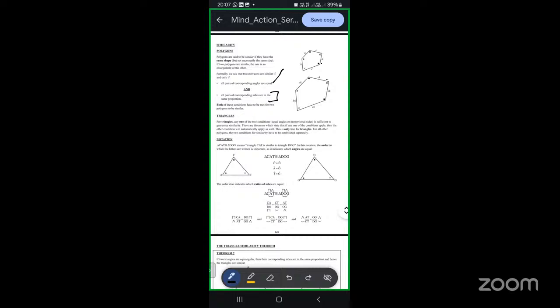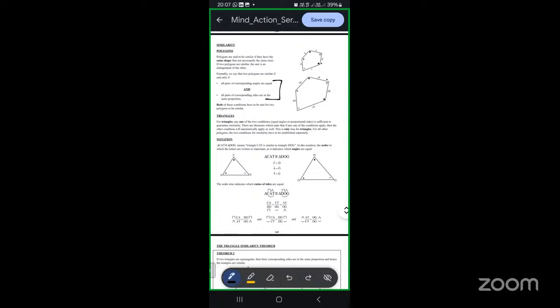You can just conclude that those two triangles are similar. Or if you saw that this condition is met, there's also no need for you to go for that one. You can just conclude from this condition that those two triangles are similar. That only applies to triangles, but for the other polygons, both conditions need to be met. Does this make sense to you all, guys?